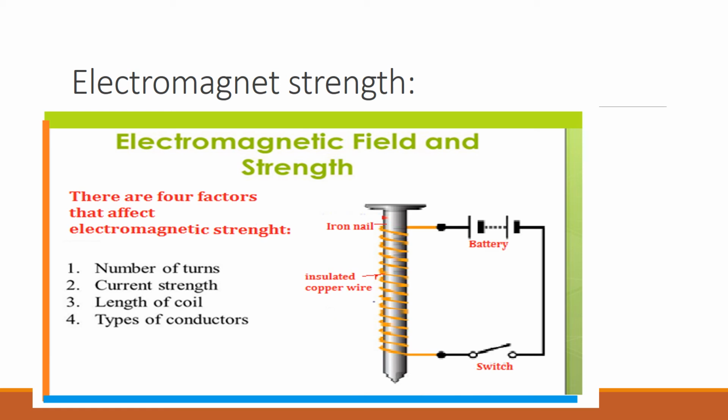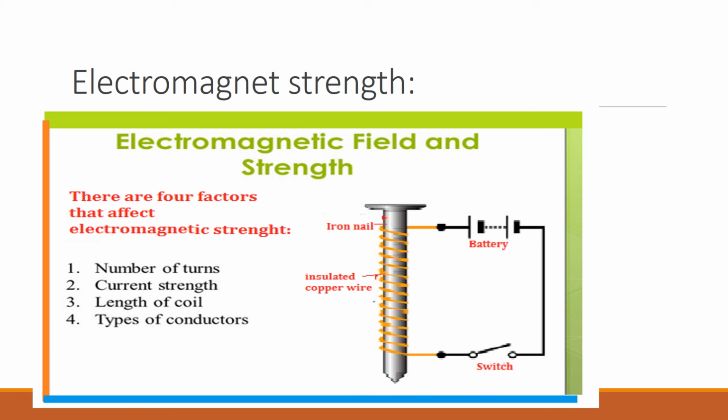Point number two, the current. The current will also determine the electromagnetic strength. Three, the length of the coil. How long the coil is determines the strength of the electromagnet. Last, the type of conductor.